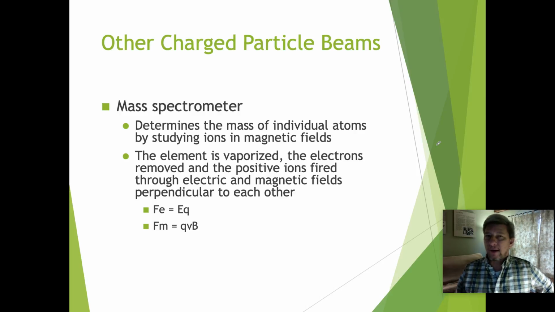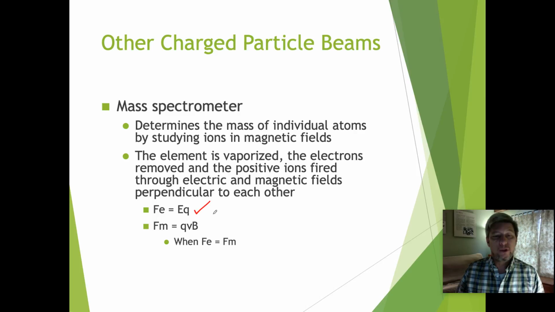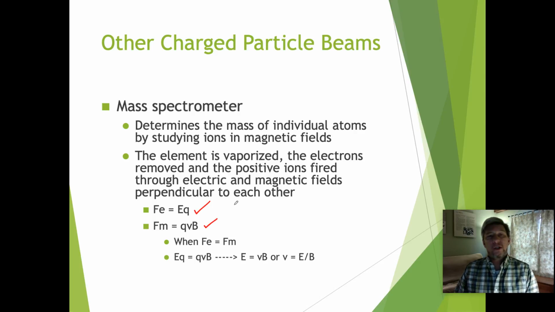What happens there? Well, here's the deal. For an electric field, we know that the force is equal to the field intensity times the charge of the particle in it. And for a magnetic field, we know that the force is equal to the charge times the velocity of the charged particles times the strength of the magnetic field.